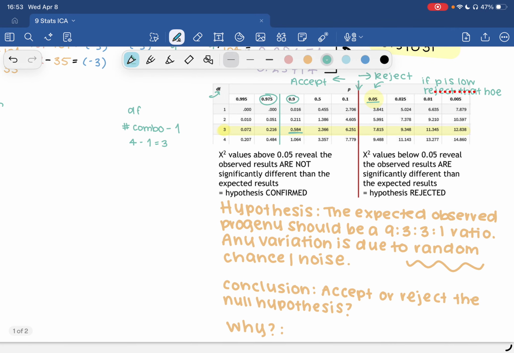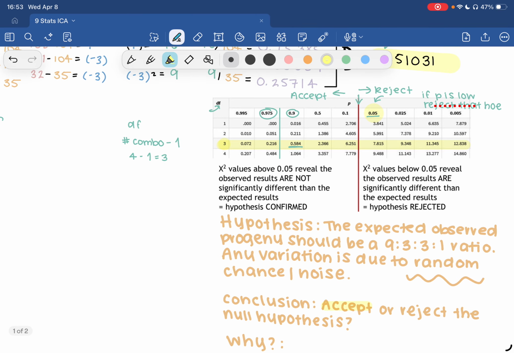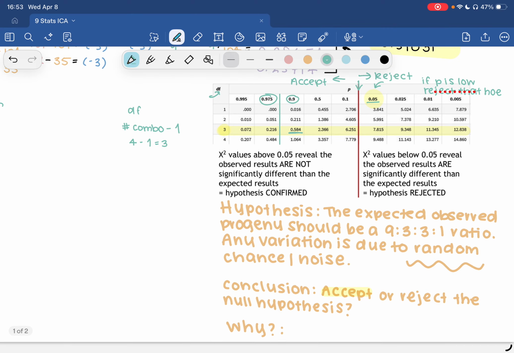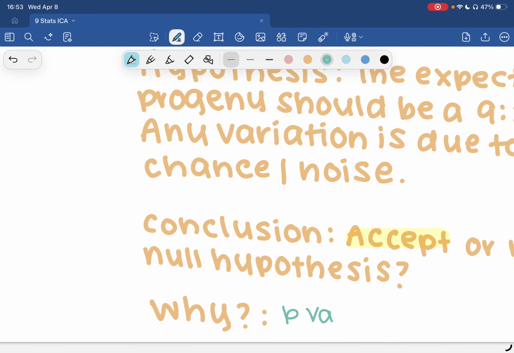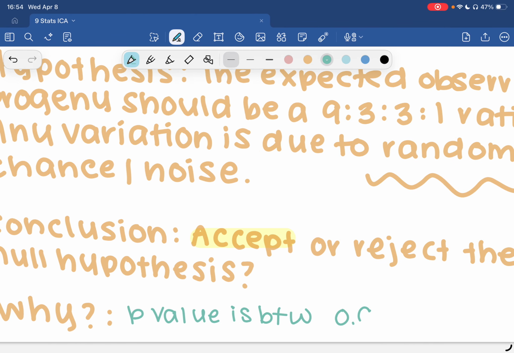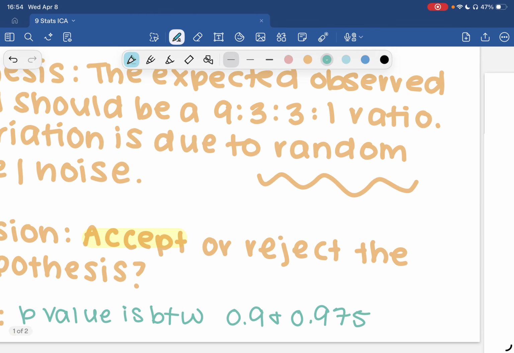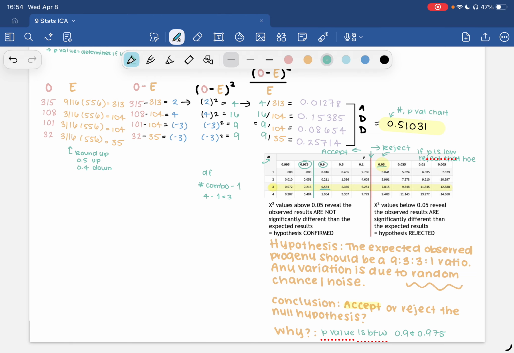And our regular null hypothesis is that the expected observed progeny should be a 9 to 3 to 3 to 1 ratio. Any variation is due to random chance or noise. So we would say that we accept our null hypothesis, and that again is because the p-value is between that 0.9 and 0.975, which is greater than 0.05.